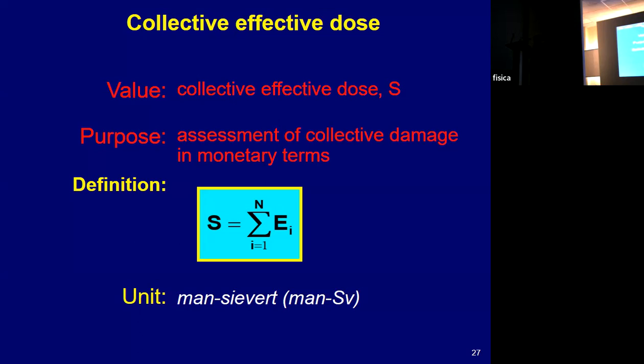Generally, the collective dose is related to a specific practice and the period of time during which that activity results in exposure for a specific group of people. The value of the collective effective dose is used in optimizing the radiological protection of personnel through cost-benefit analysis.